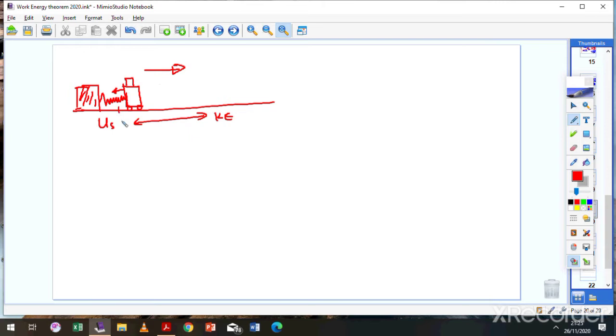Then one of the ideas I can have is to figure out the distance from that compression up to a certain distance. If I know this distance, I can record the time it takes to cover that distance after it's let go. I can use this distance and this time to find the velocity, because I know the initial velocity will be 0, and the final velocity is what I want.